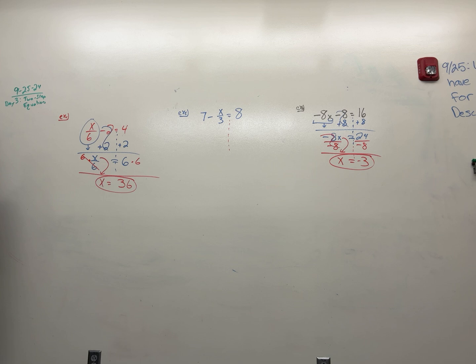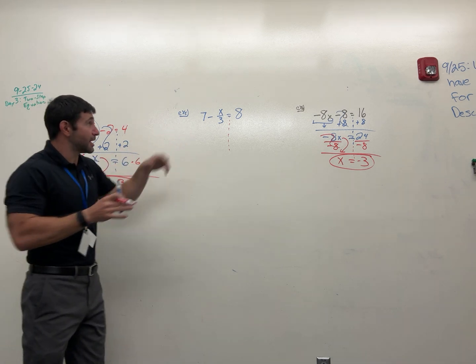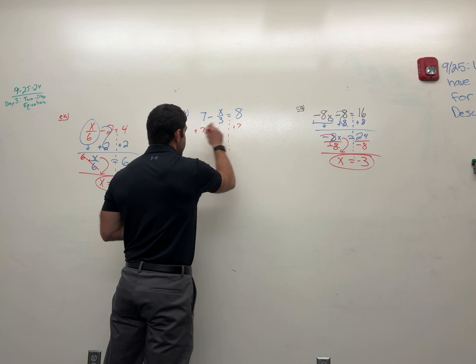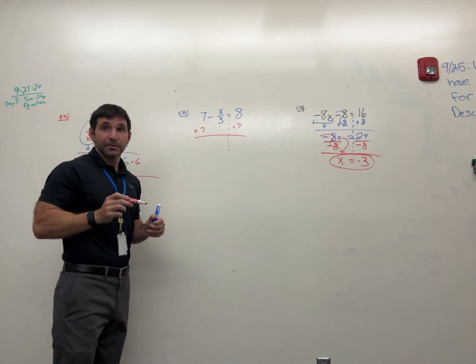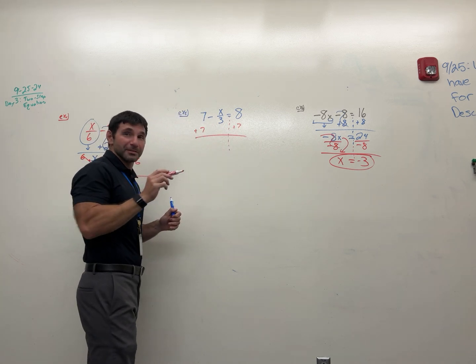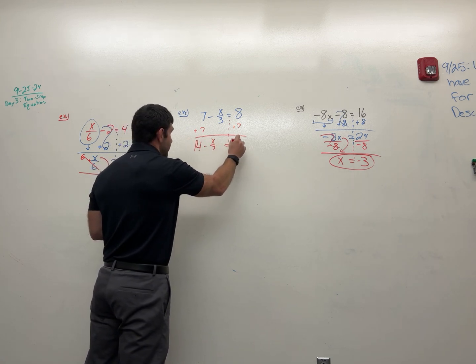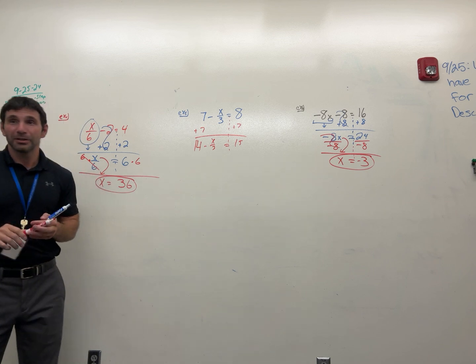What's farthest away from that x? 7. Okay, how do we move that 7? Add. Okay, so if I add 7 to both sides, don't write this down. If I add 7 to both sides, what's 7 plus 7? 14. Minus x divided by 3 equals 15. Does that help me at all?